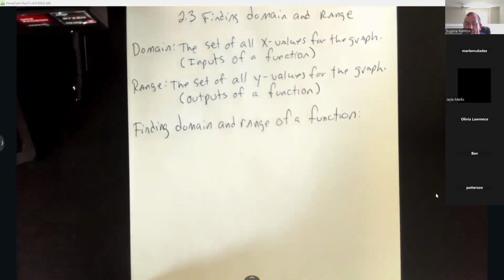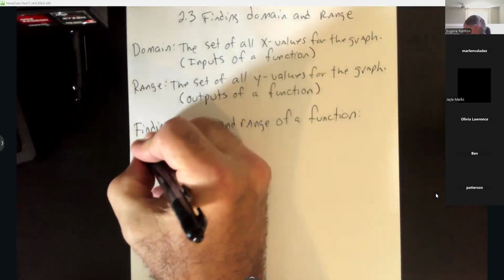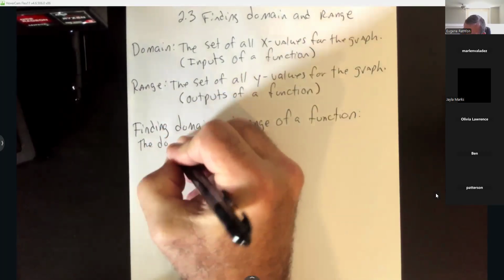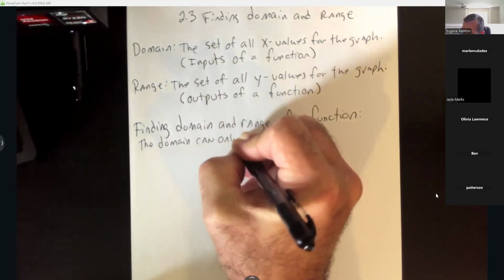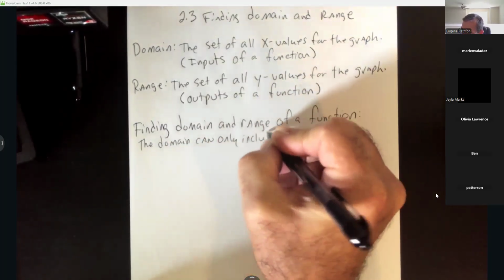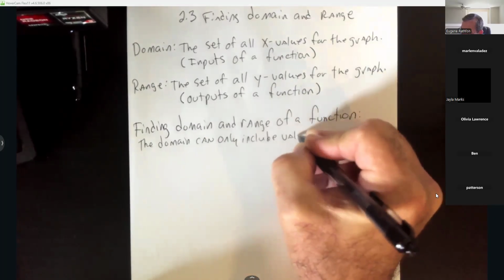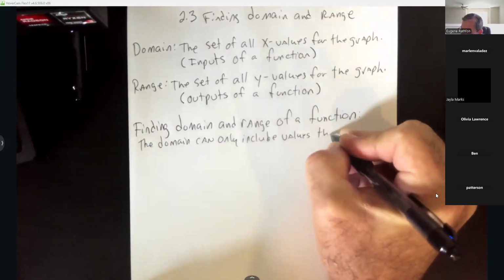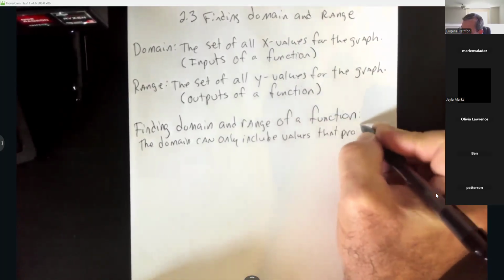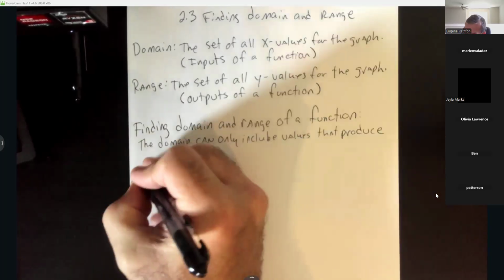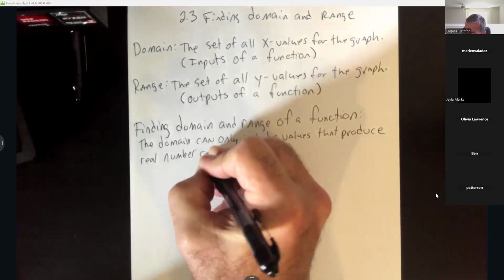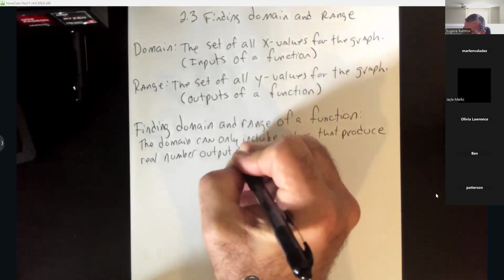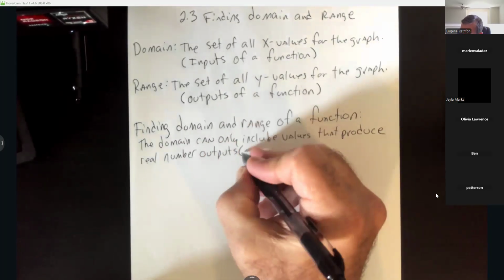Now, here's one thing we got to remember. The domain can only include values that produce real number outputs, or Y values.